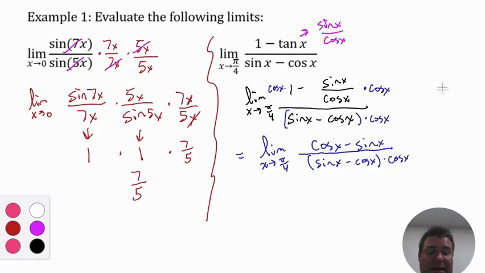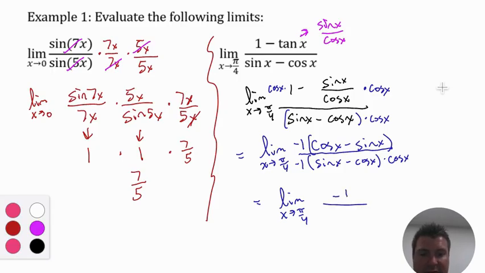Now, since I'm doing that, you can notice here I have a cosine minus sine on top and sine minus cosine on bottom, which means that I can multiply one of these by -1. So if I multiply the top here by -1, I have to even that out with the bottom. Then I have factors that can cancel out, and that's going to leave me with a negative on top. So I'm going to get -1 over cosine of x, because I need to multiply that by -1, which is going to cancel out this -1 right here.